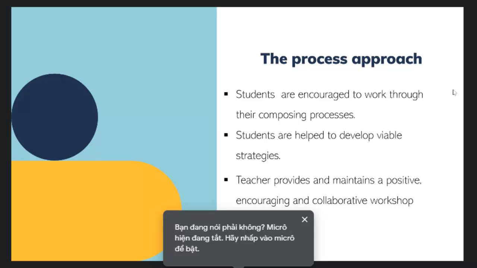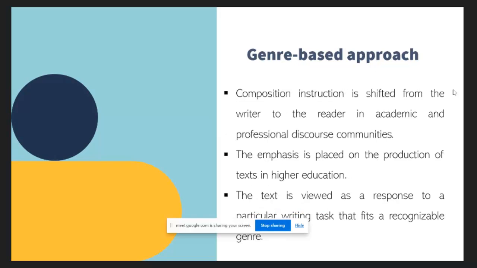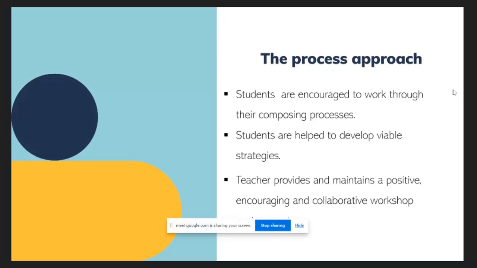The objective is to have learners develop viable strategies for getting started, drafting, revising, and editing. The product of the writing is not a primary concern. It's just a secondary concern, and the form is a function of its content and purpose. So it's up to the writer to identify a text and the audience.